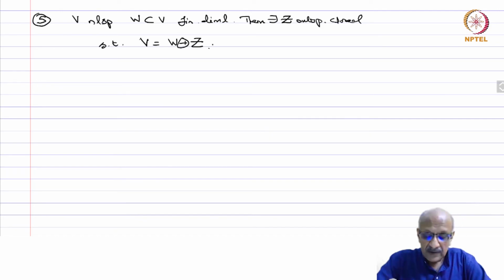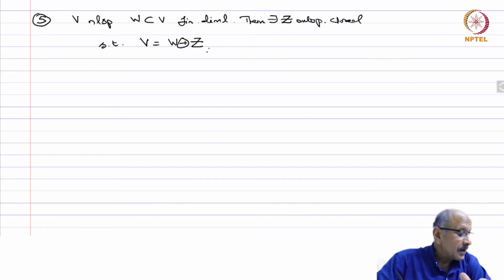Given any subspace in linear algebra, you know we can extend the basis and therefore write V as a direct sum of W plus Z. But we are asking something more here. We want Z to be also closed. Now this is a non-trivial problem generally: given a closed subspace, can you find another closed subspace such that the direct sum of these two is in fact the whole space? So this is a very important question often asked in functional analysis. We are answering it partially here, namely if W is finite dimensional, then there is always a complement available.